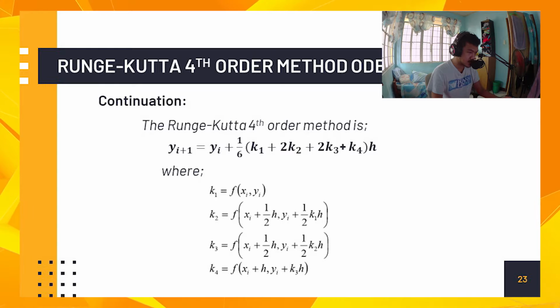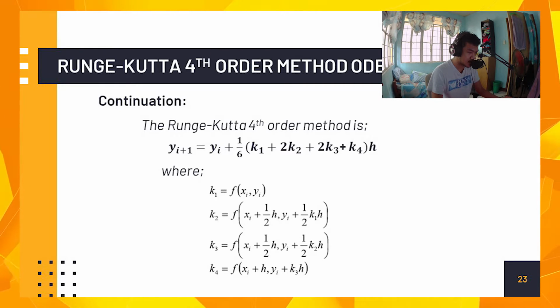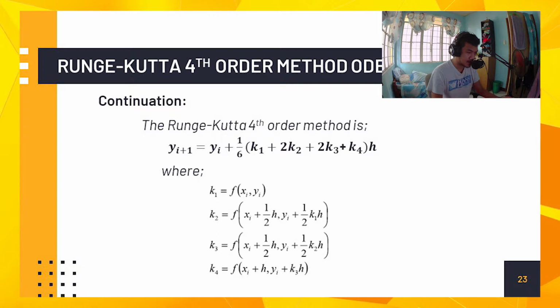So using that equation, we will substitute k sub 1, which is f of x sub i comma y sub i. For k sub 2, f of x sub i plus 1 half h comma y sub i plus 1 half k sub 1 h.